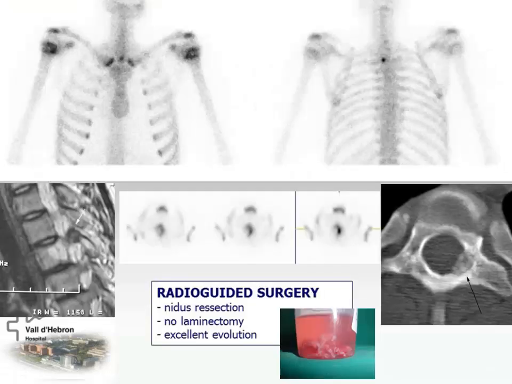We performed the SPECT, but not SPECT-CT, and comparing with a diagnostic CT performed just 2 days before, we can see that this is a nidus, and here we can see the lesion. We performed a radio-guided surgery with nidus resection, no laminectomy, and an excellent evolution of this boy.